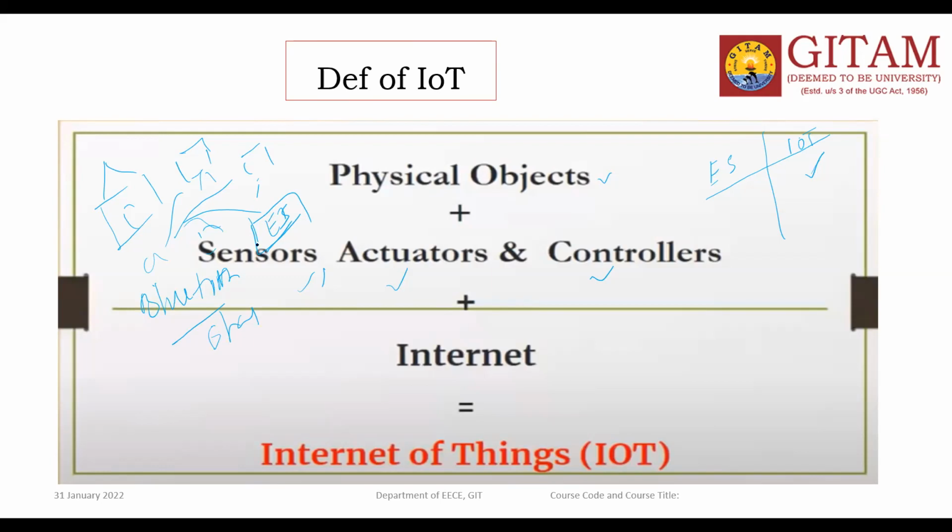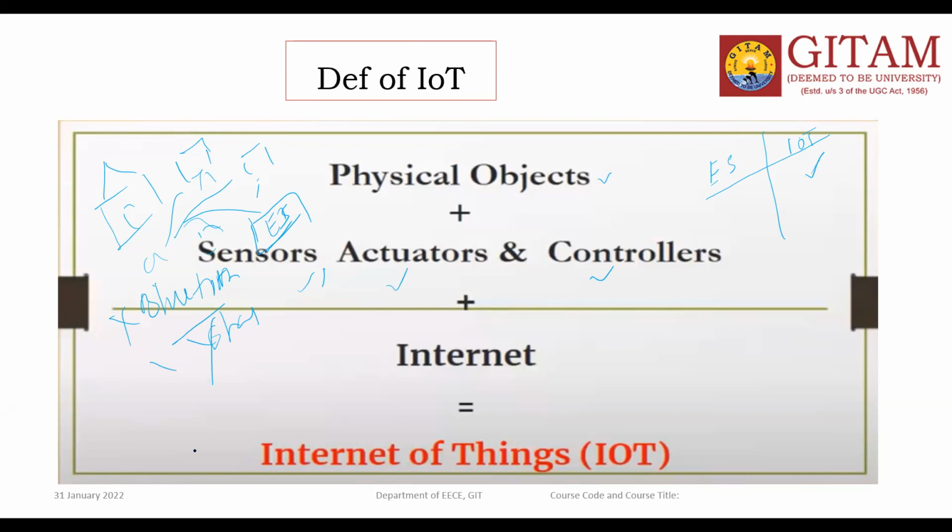But the range of Bluetooth or infrared or ShareIt is limited. For long distance communication, these are not useful. So people thought that if we provide internet for them, then we can control them from any long distance.